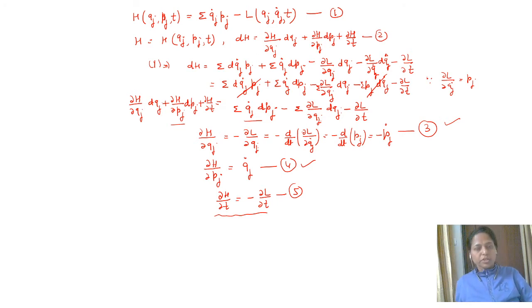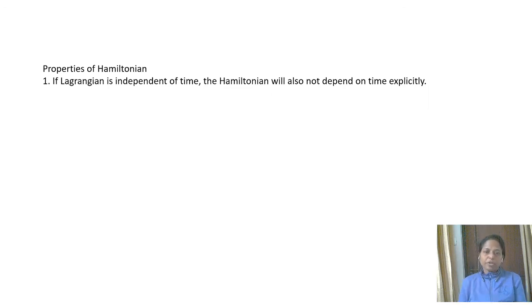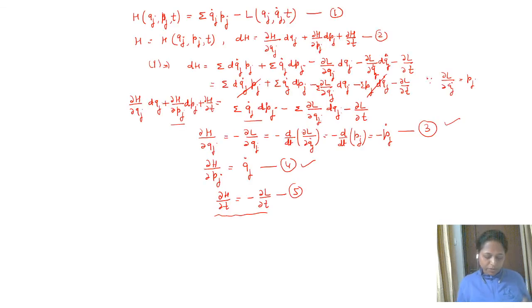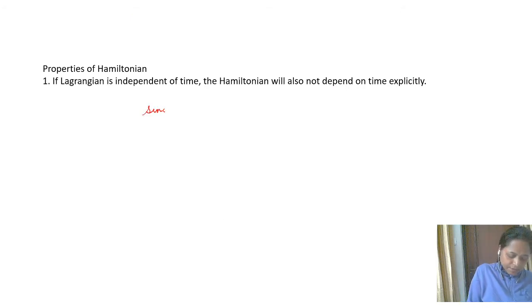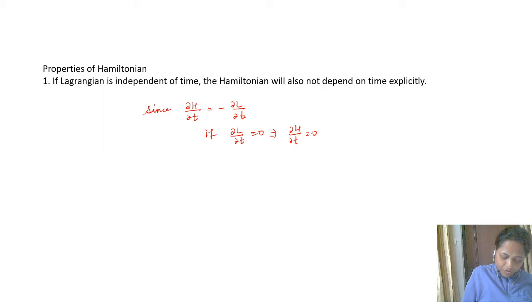Now we come to its properties. The first property of Hamiltonian is that if Lagrangian is independent of time, Lagrangian is not depending on time explicitly, then Hamiltonian will also not depend upon time. You may see from this expression that since delta H delta T is minus delta L delta T, if L is not depending on time, then delta L delta T is 0, and this implies delta H delta T is also 0.